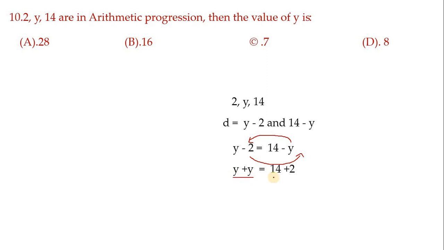And here y plus y is 2y, and 14 plus 2 is 16. Next here 2 transfer this side, we get 16 by 2, 2 8s. So correct option is 8, this D option. Move on to the next one.